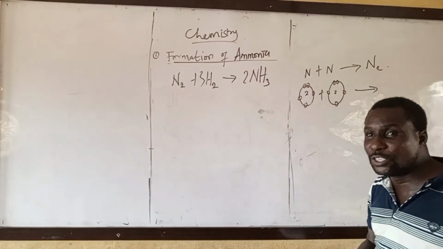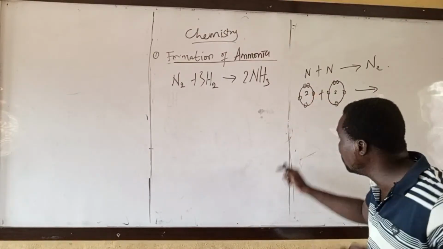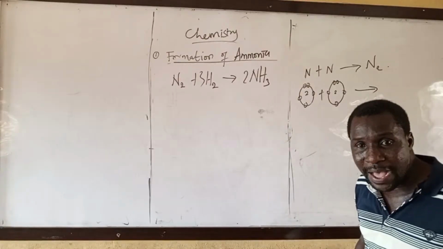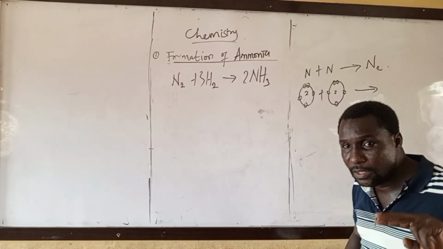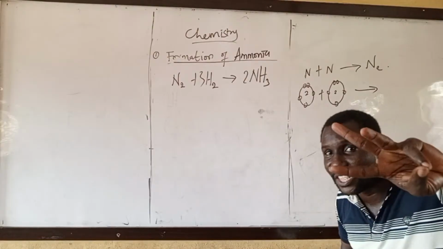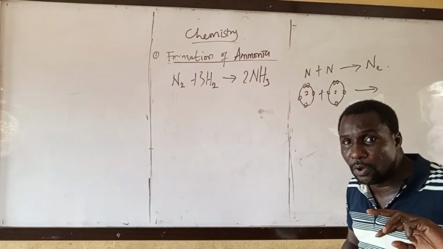That's why nitrogen forms a triple covalent bond. Oxygen forms a double covalent bond because it has 2 unpaired electrons. Nitrogen has 3 unpaired electrons, so it forms a triple covalent bond.